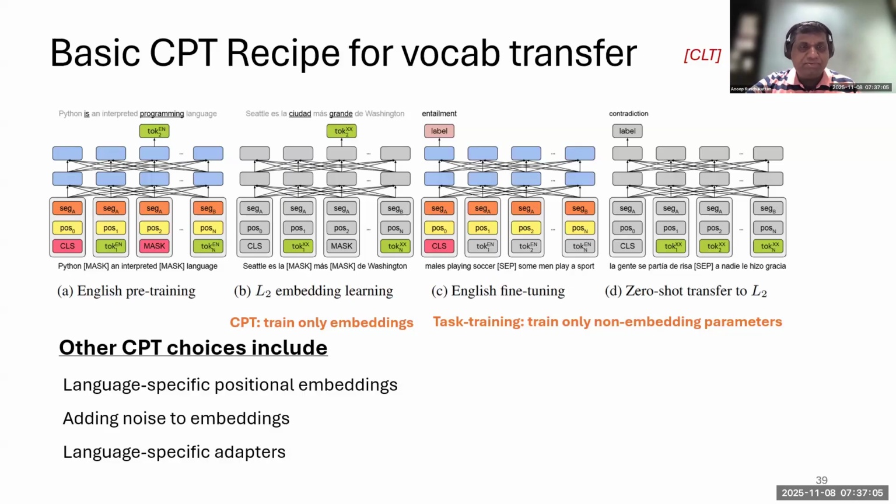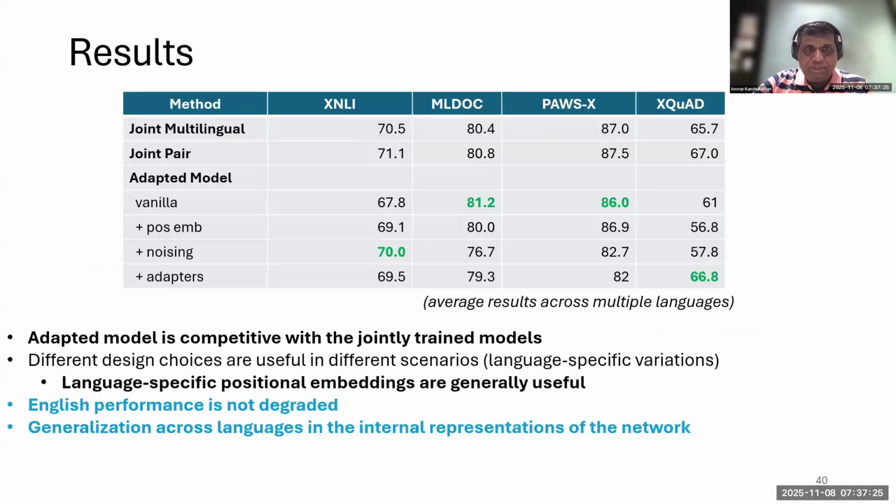There are a bunch of things you can do in addition to improve CPT. We can use language-specific positional embeddings, language-specific adapters, adding noise to embeddings. All these techniques give different degrees of improvement depending upon the task, the embeddings, etc. Overall, using this recipe, the adapted model is competitive with any jointly trained model. English performance is not degraded.